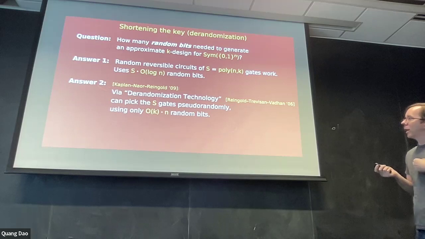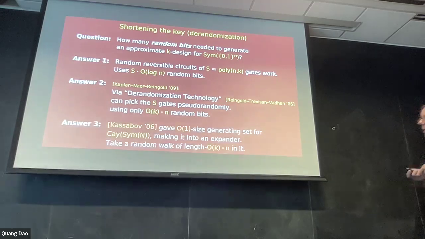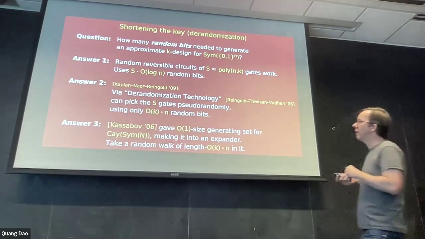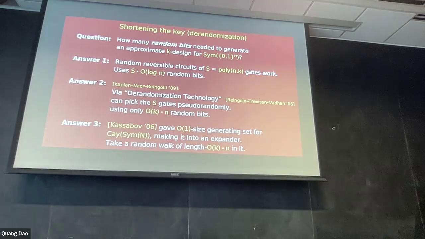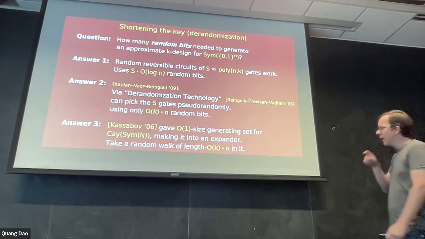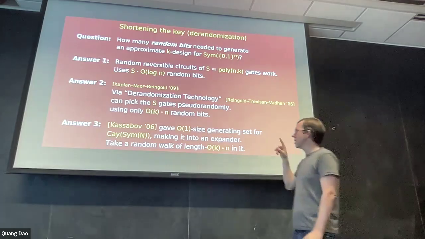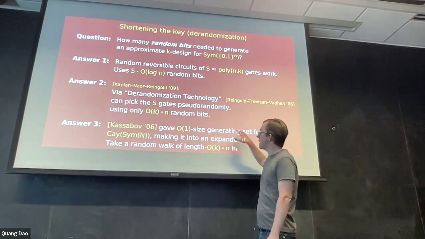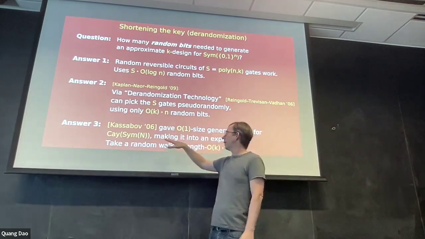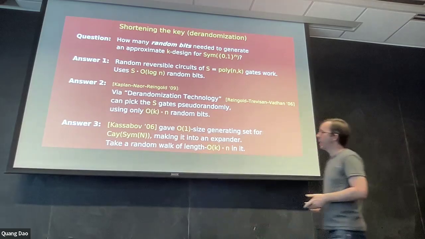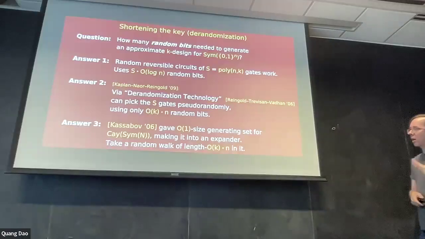Kaplan, Naor, and Reingold got this kind of result using de-randomization technology. Actually, this group theorist, Martin Kassabov, gave the same result in a totally different way. I bring this up because I'll mention his name once later. He gave a constant size generating set for the Cayley graph on the symmetric group, which makes it an expander with constant spectral gap.